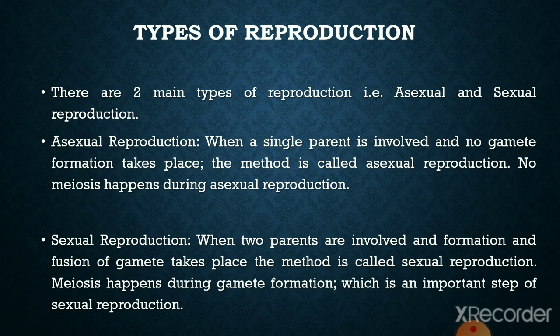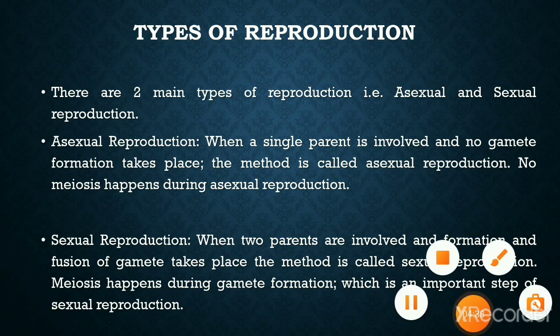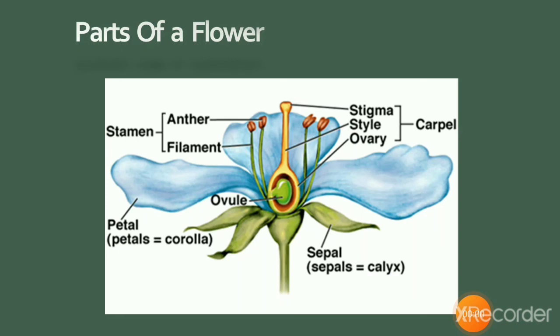So this is all about the basics of reproduction. Now we can start the process of sexual reproduction in flowering plants. Flowers are the main reproductive organ of all angiospermic plants. A typical flower contains four parts: calyx, corolla, androecium and gynoecium.